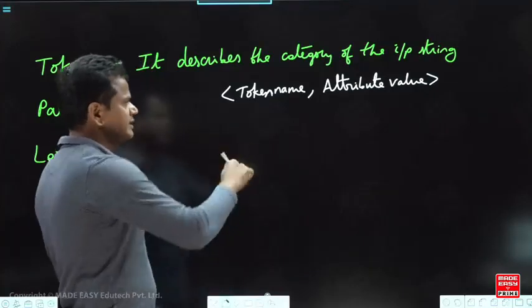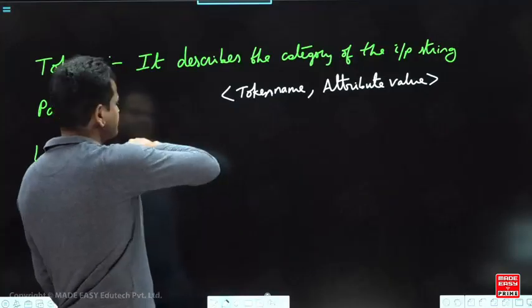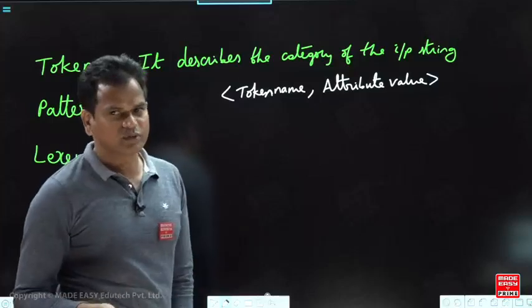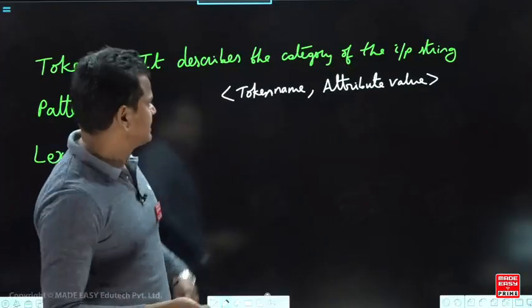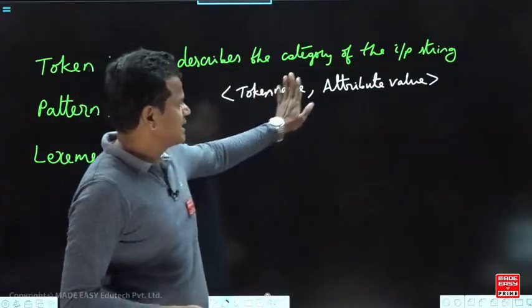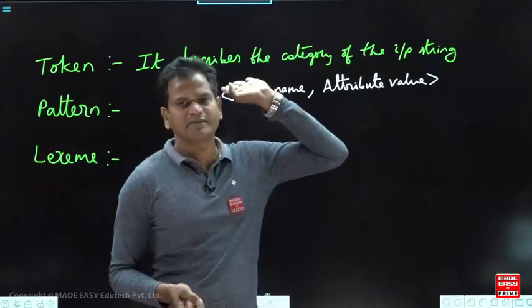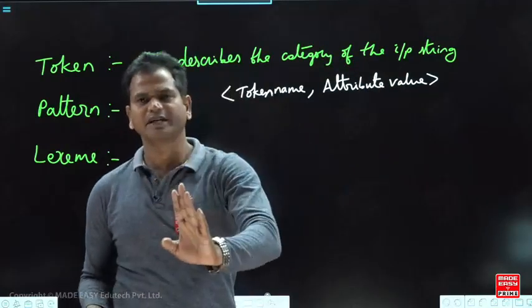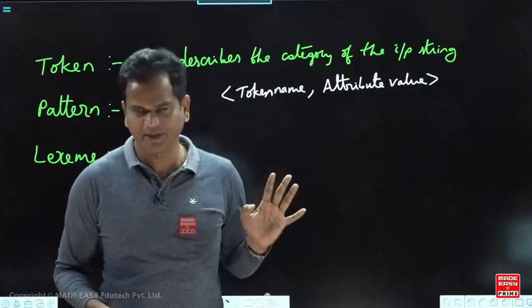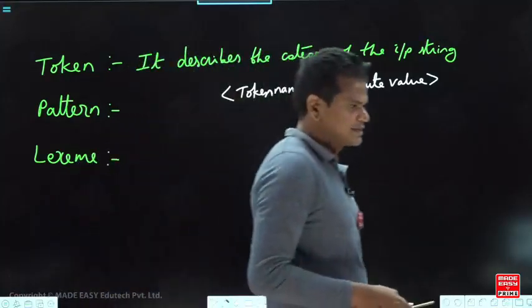After finishing this with an example, I will tell you what is a token and what is a lexeme. So it is a pair consisting of token name and attribute value. Attribute value is optional. It is a pointer which points to the entry of the variable in the symbol table. Okay, so take these notes.